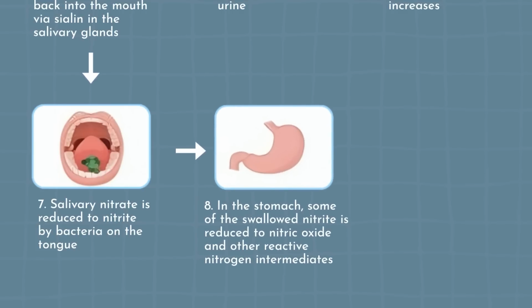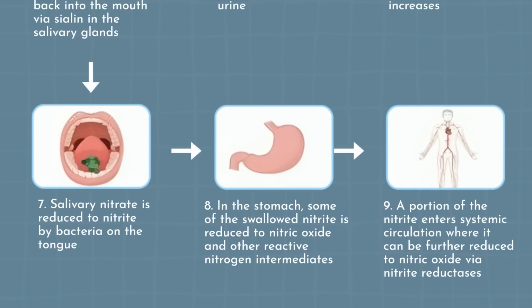Now you're swallowing, again, not nitrates, but nitrites, and then in the stomach, they get reduced again to produce nitric oxide, and other byproducts at the same time. And that is where this nitric oxide gets involved and gets delivered to the rest of the tissues.